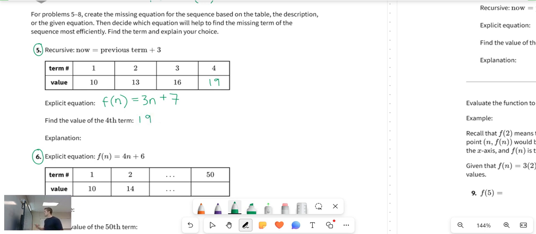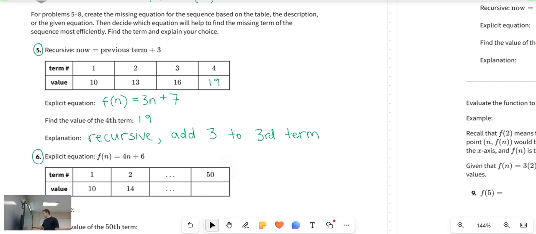All right, and our explanation is recursive is going to be easier, and all we need to do is add 3 to the 3rd term.